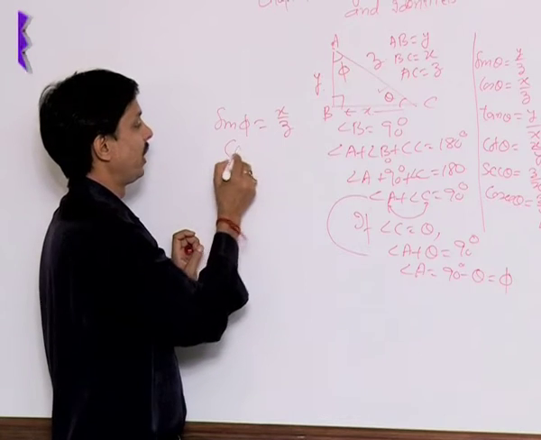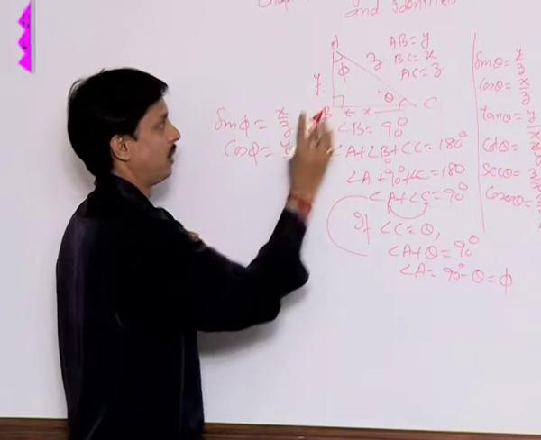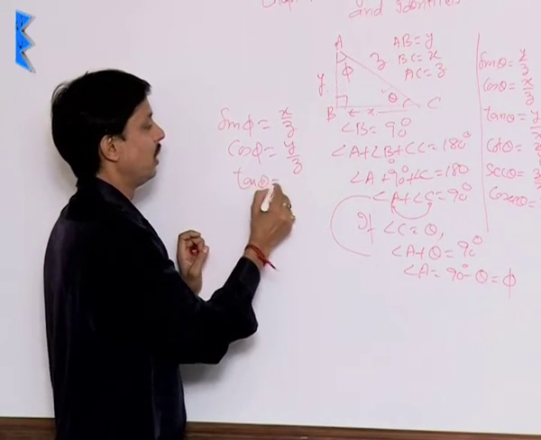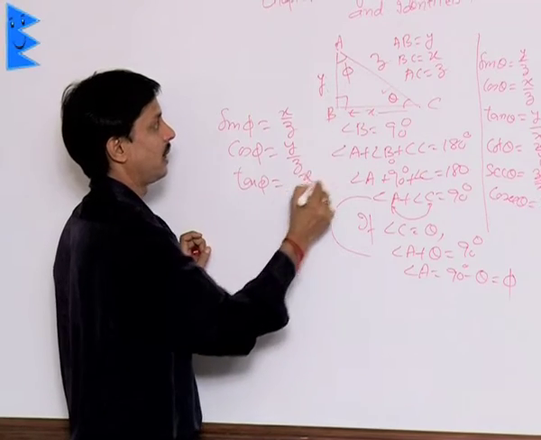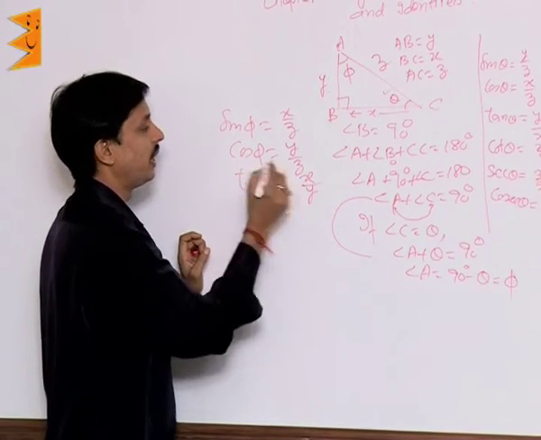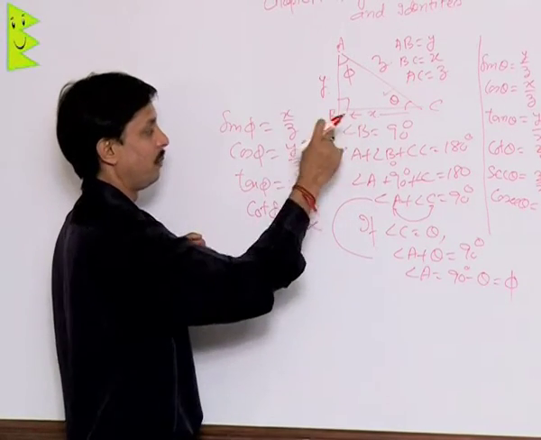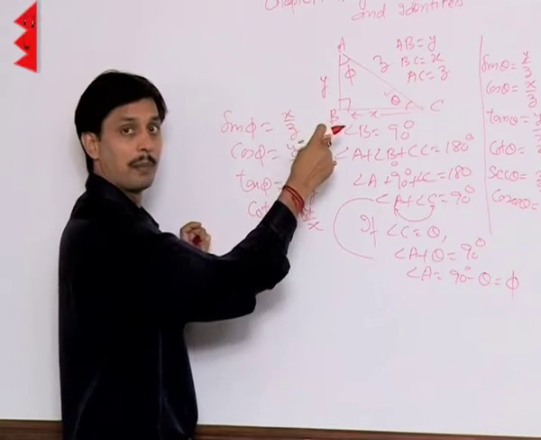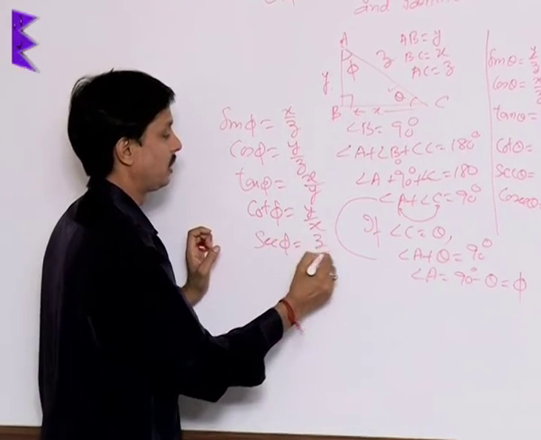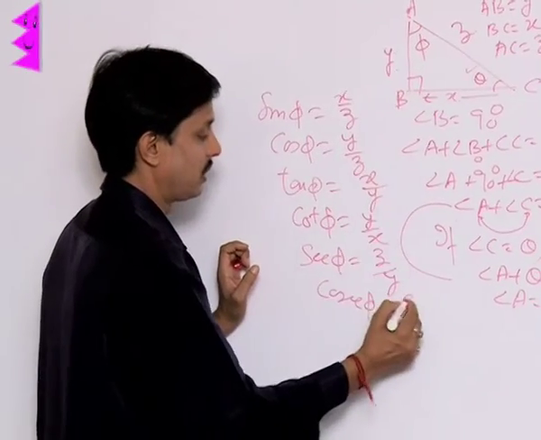Cos phi is y upon z, because for cos phi, this is the base. For tan phi, perpendicular is x and base is y, so tan phi is x upon y. For cot phi, it is y upon x, because cot is base upon perpendicular. For sec phi, it is z upon y, and for cosec phi, it is z upon x.